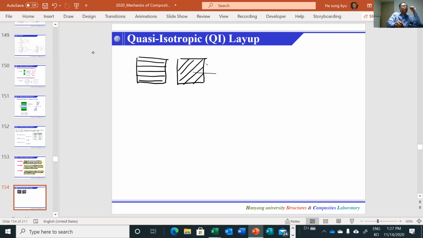So this is going to be a 45. And another one will be a minus 45, like that. Minus 45. And by the way, minus 45 is the same as what? 90 plus 45. And then 90 degree.